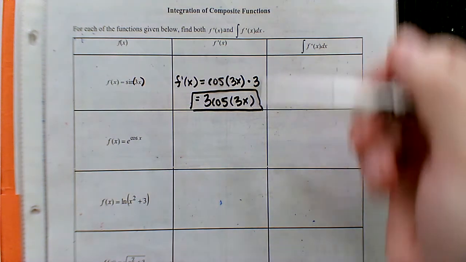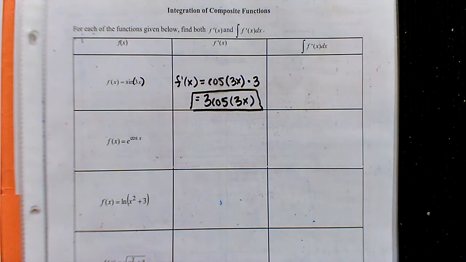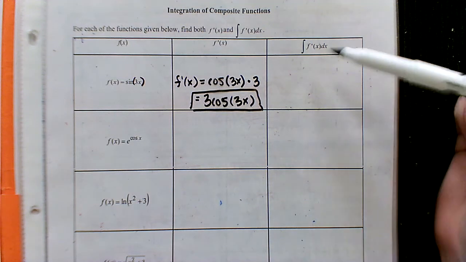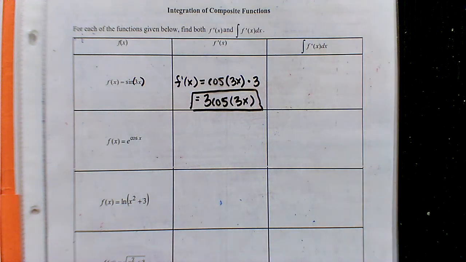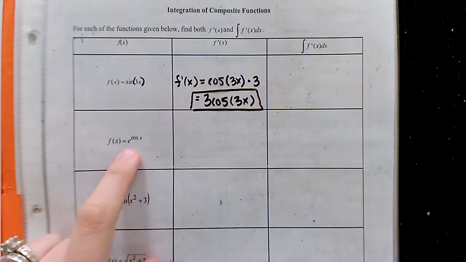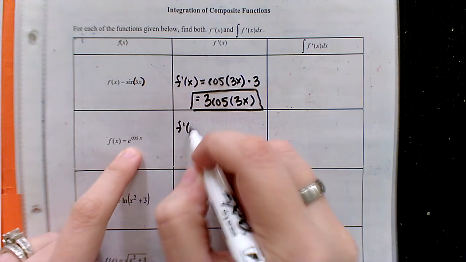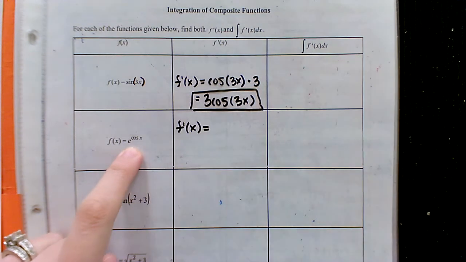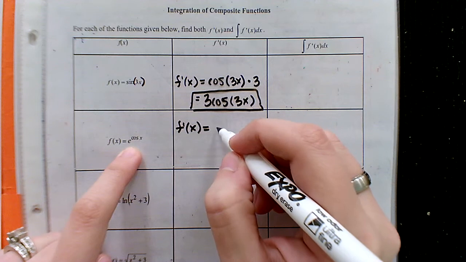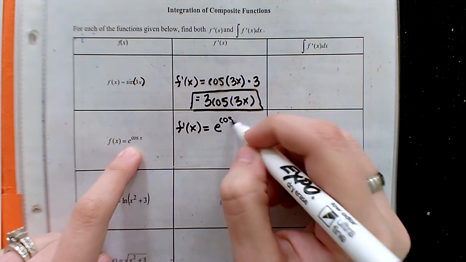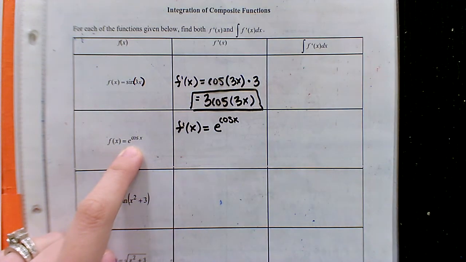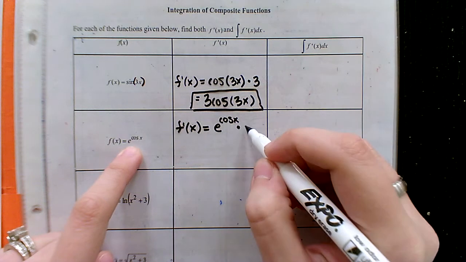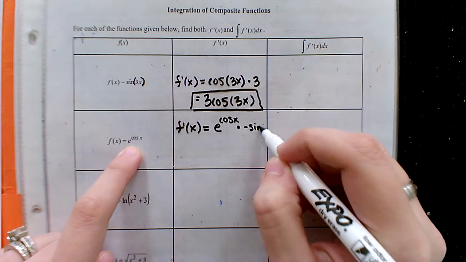Okay, we're going to fill out the derivative column first, just because that's what we're familiar with using that chain rule, and then we'll talk about how we can work backwards. Okay, what about the derivative of e to a power? How does that work? Okay, so the e to the power stays the same, and then times the derivative of the power, we would have a negative sine x.